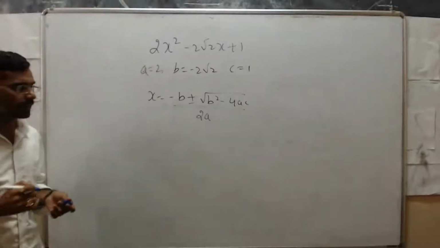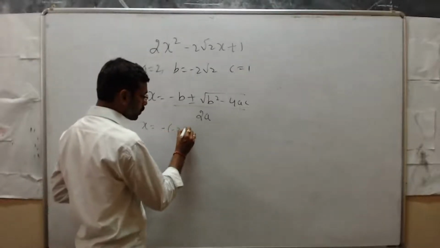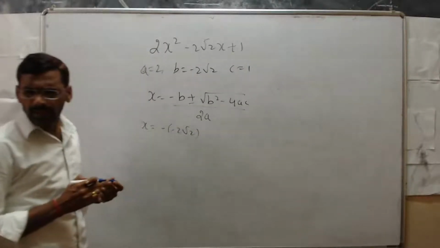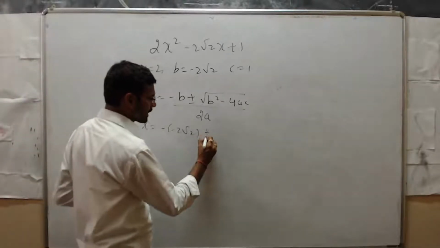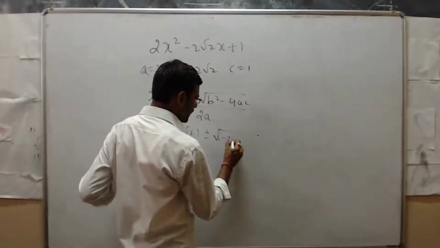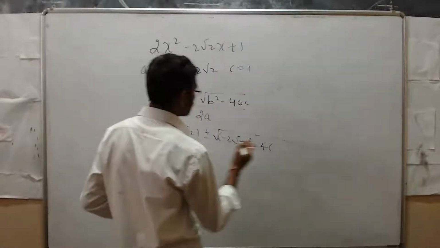Therefore, x is equal to minus b, b value is minus 2 root 2. It is very important: if it is negative, we should represent it in brackets. Minus of (minus 2 root 2) plus or minus root of b square, b value is (minus 2 root 2) whole square minus 4 into a value 2, c value 1.